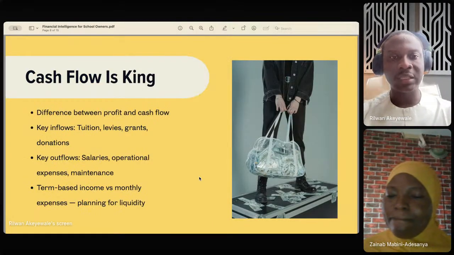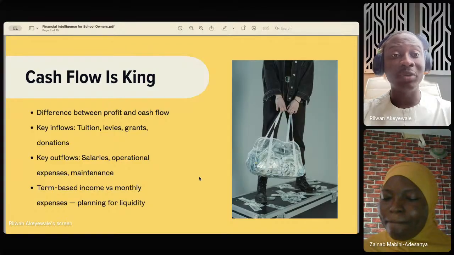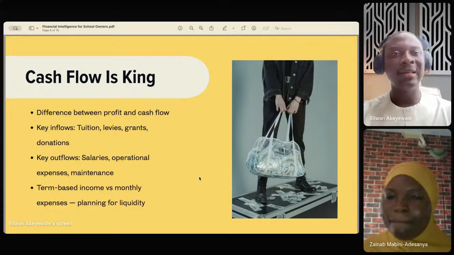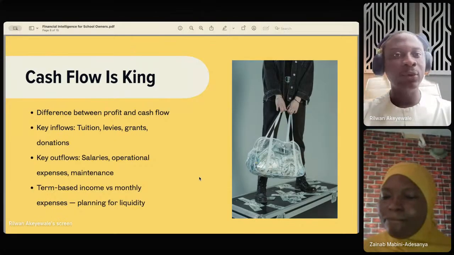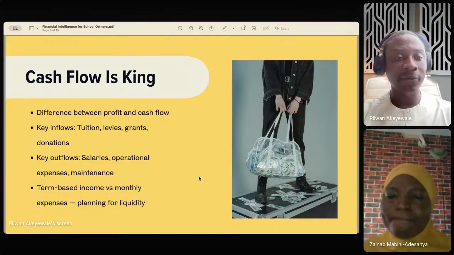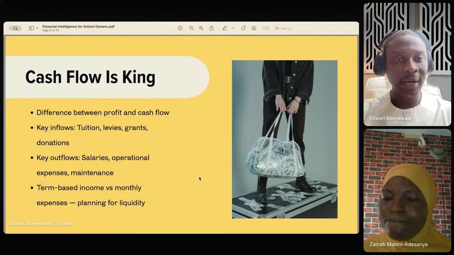So what is cash flow? What do we call cash flow in business, especially in school business? Cash flow is different from revenue. Cash flow is different from profits. So what is revenue, first of all?